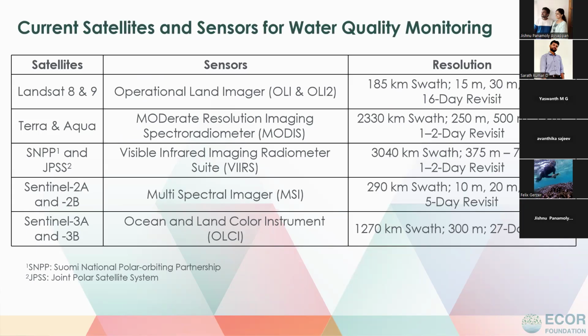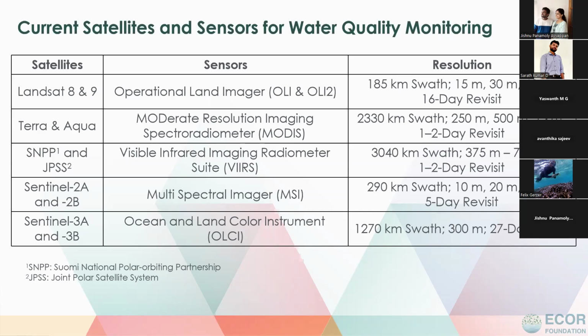Several satellite missions are used for water quality monitoring, each with advantages in resolution, revisit time, and spectral sensitivity. For example, Landsat 8 and 9 have moderate spatial resolution, which is very good for medium-sized lakes or water bodies. Sentinel-2 has high spatial resolution and a short revisit time, excellent for inland waters.